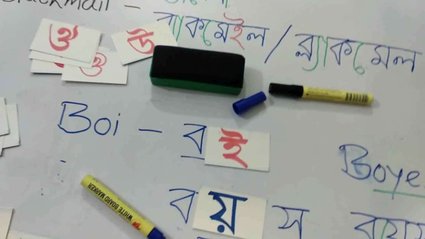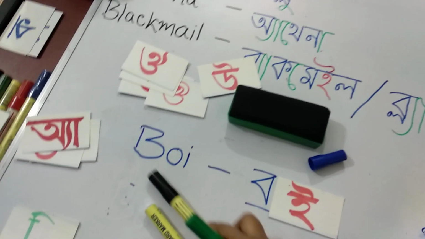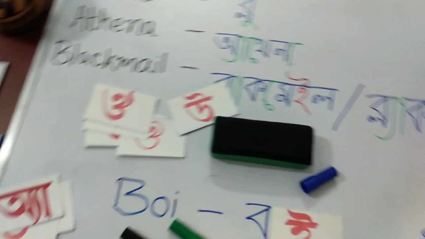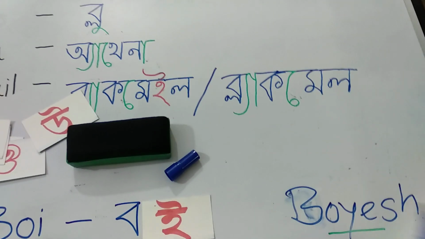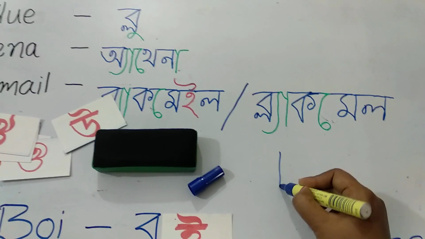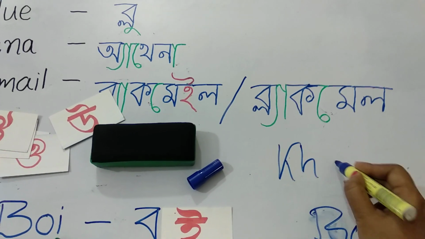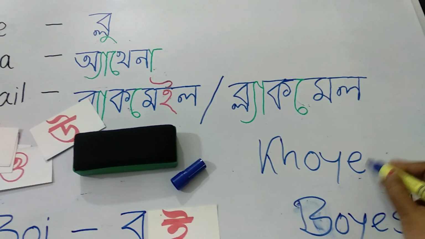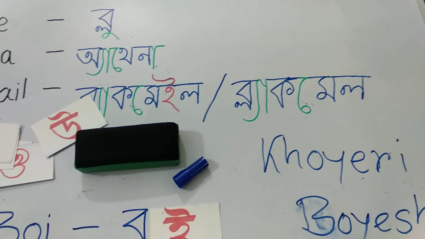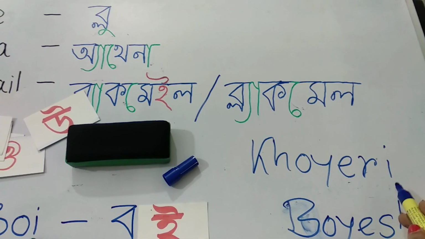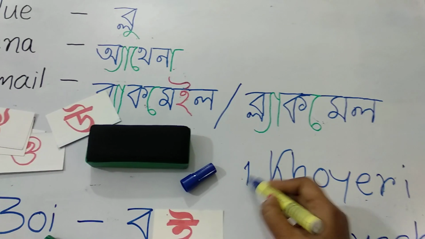So I'm giving you tasks so that you can use it. So yeah, the Bangla for dark brown is khoeri. Khoeri. Okay. So write it in Bangla. That is number 1.